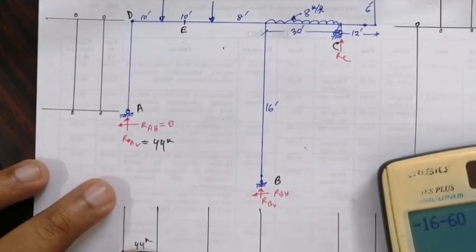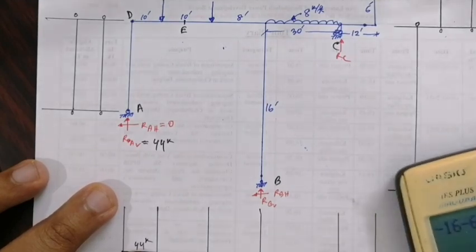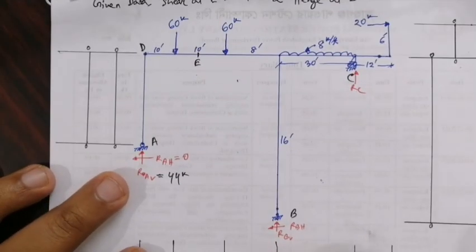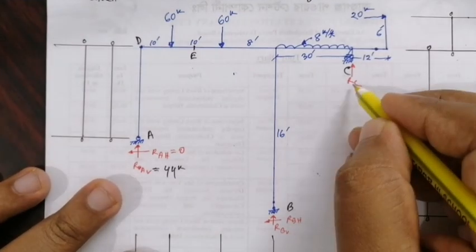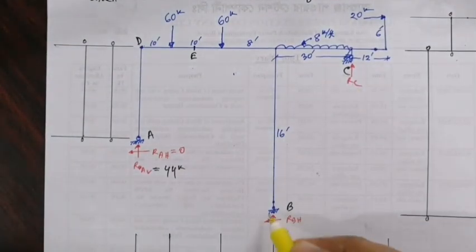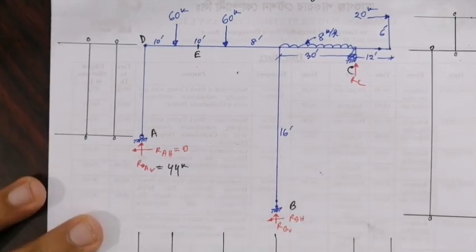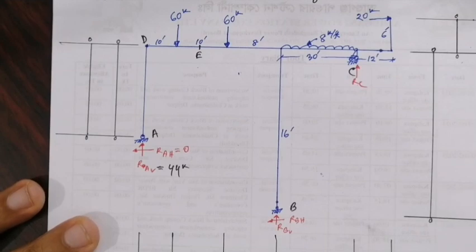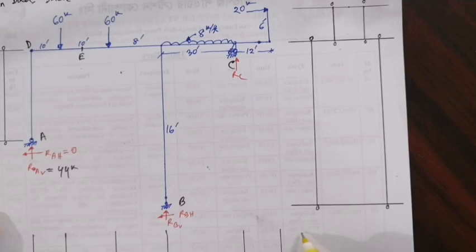Now we have to determine RC for this area. For now we have three unknowns: RA vertical, RB horizontal, and RC. For this we should take moment at B. Summation of moment at B equals 0, clockwise positive.